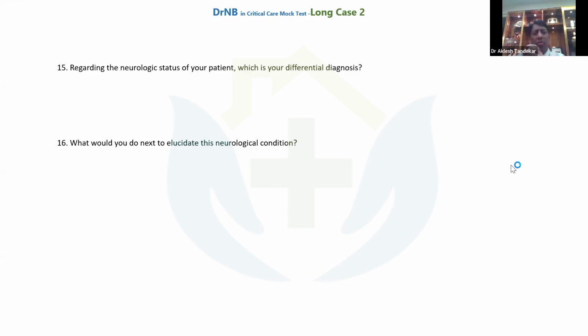Now, what would you do to further elucidate his neurological condition? I would involve the neurology team to get to a conclusion regarding his low GCS. I would continue to stop all sedation and paralysis and assess the GCS of the patient frequently, including brainstem reflexes.